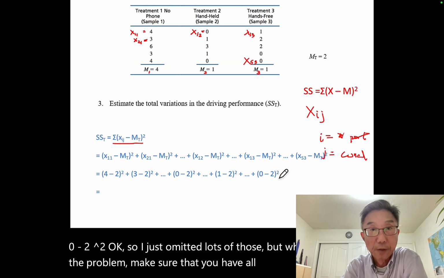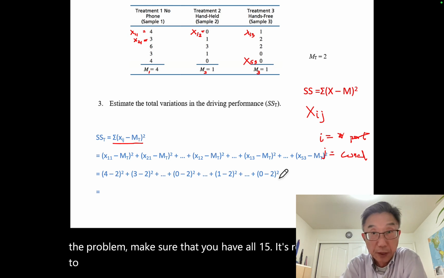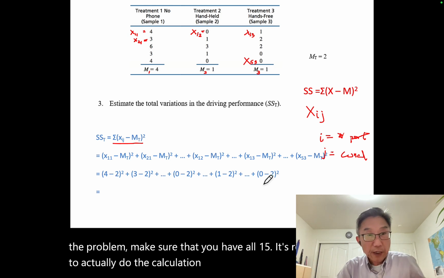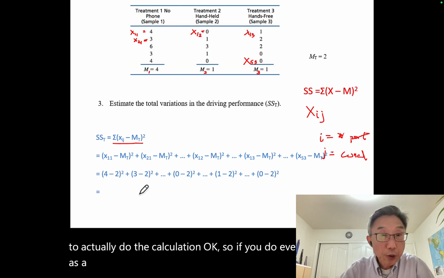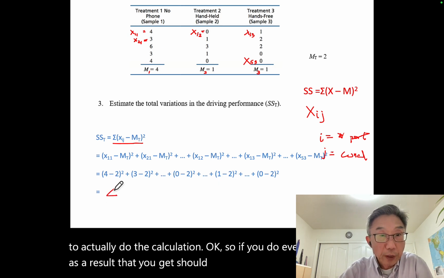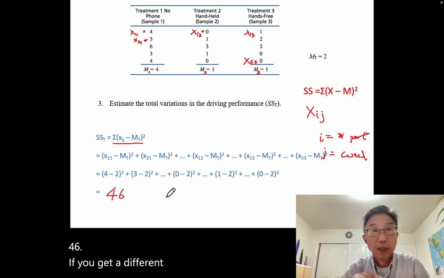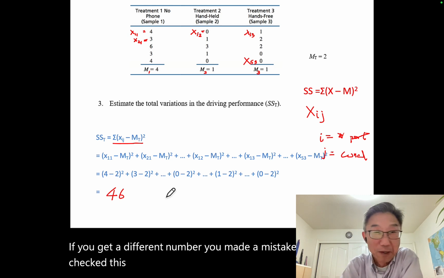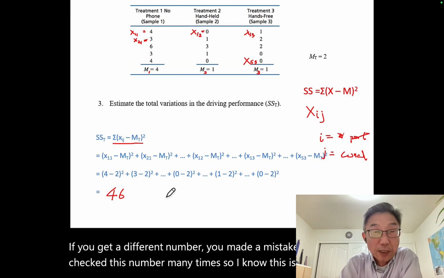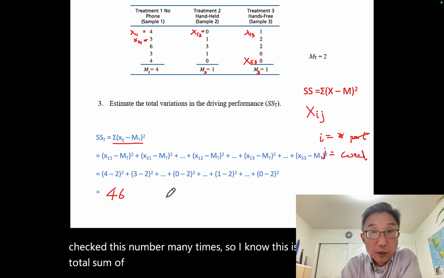It's really important to actually do the calculation. If you do everything correctly, the result should equal 46. If you get a different number, you made a mistake. I have double-checked this number many times, so I know this is correct. The total sum of squares equals 46.